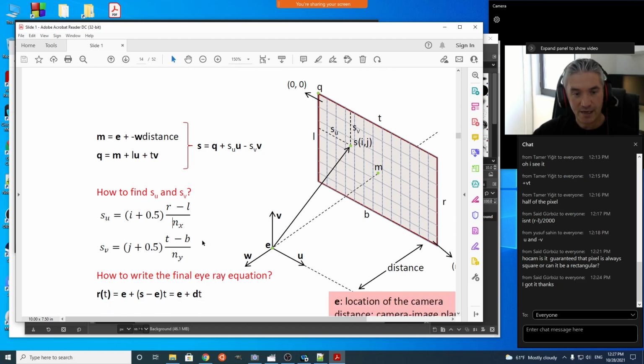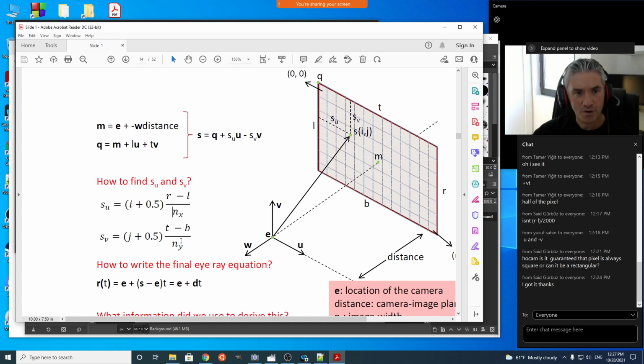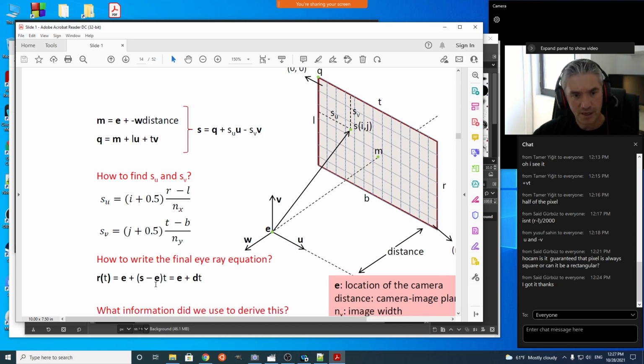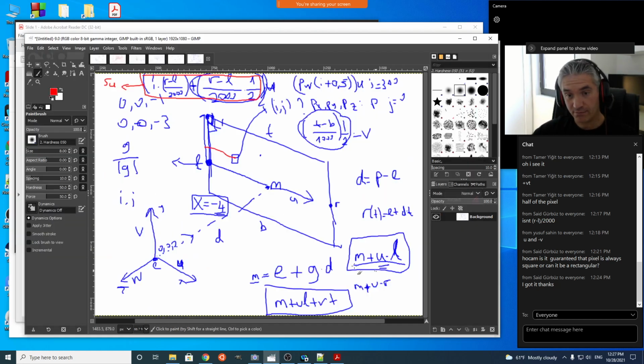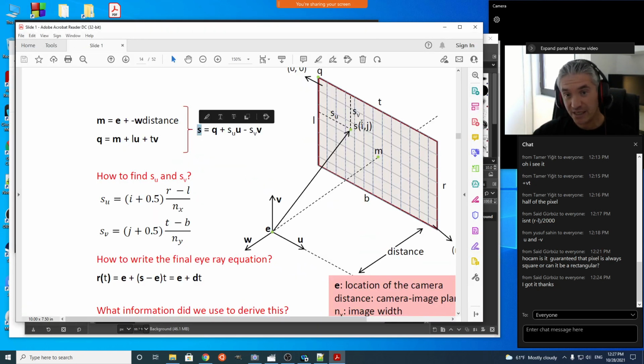And the final thing is we need to go SU and SV, but they are not enough. We need to add to this. Right here, the center of the pixel, which we called P on our whiteboard, is labeled as S here.